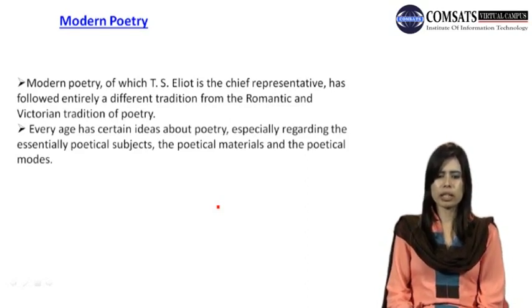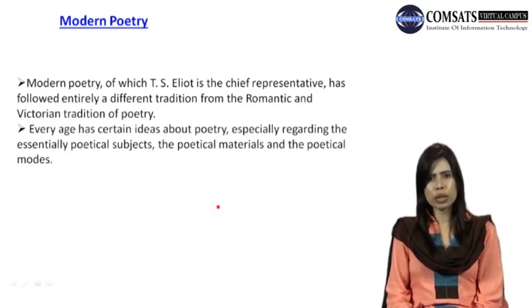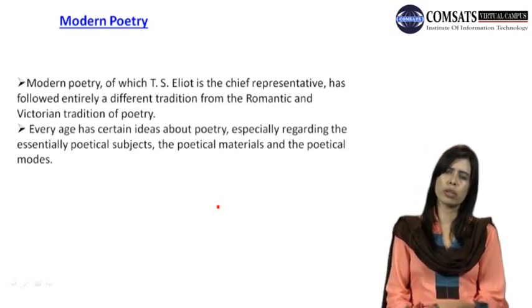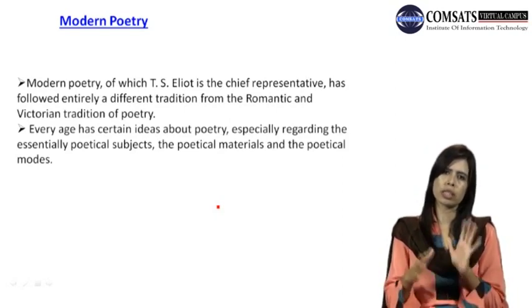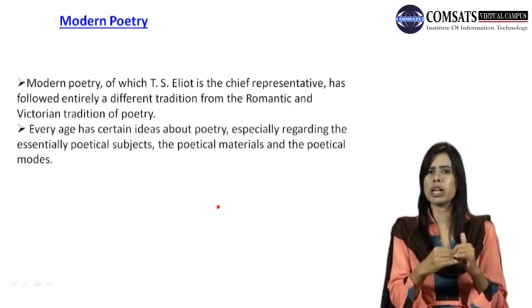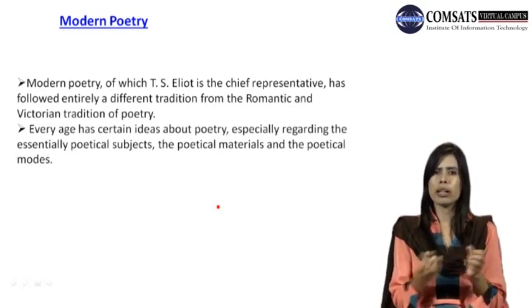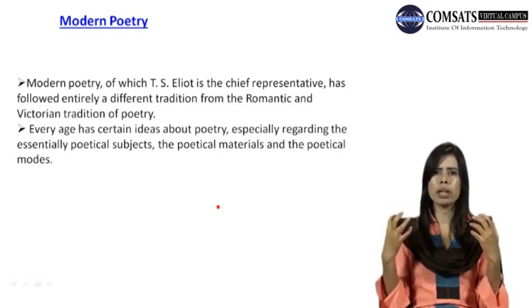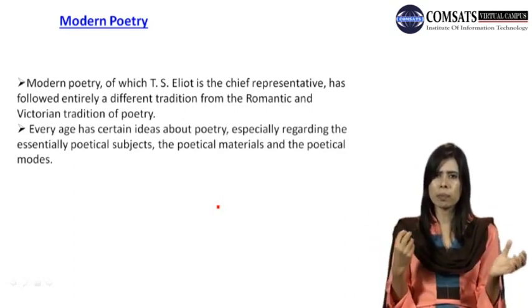Every age has certain ideas about poetry, especially regarding the essentially poetical subjects, the poetical materials and the poetical moods. The same is the case with this era in the history of English literature. As I told you, they rejected the Victorian concept, thoughts and ideas, and came up with an entirely new concept in poetry.